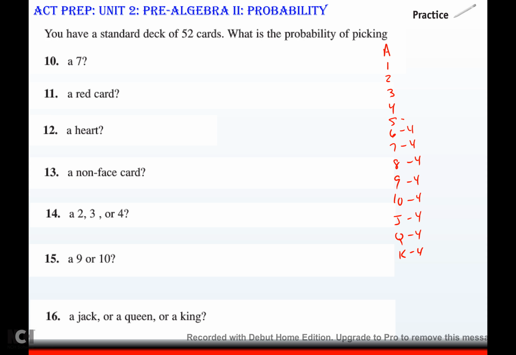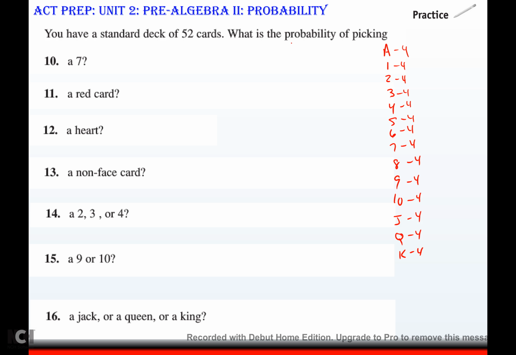These are just things you should memorize about a deck of cards. It's funny, young people don't play cards as much because we have so much technology. Cards are like old school. So you need to learn about a deck of cards because they're famous for probability questions. So you have 4 of each of these cards.